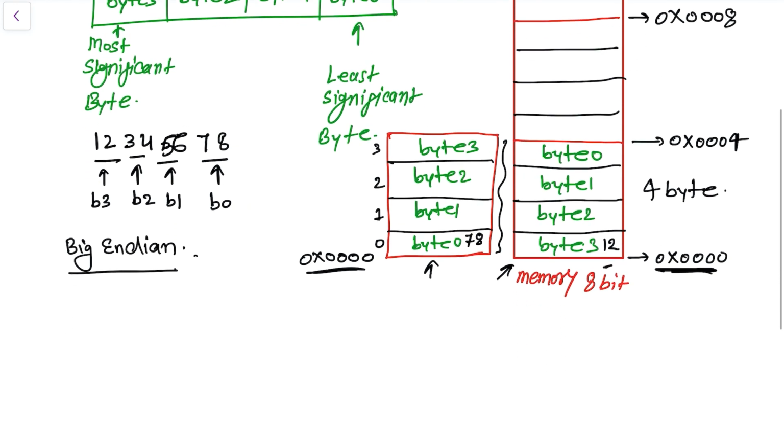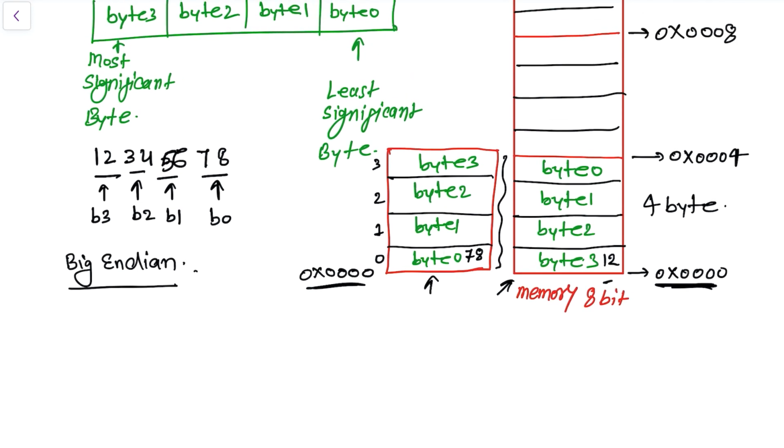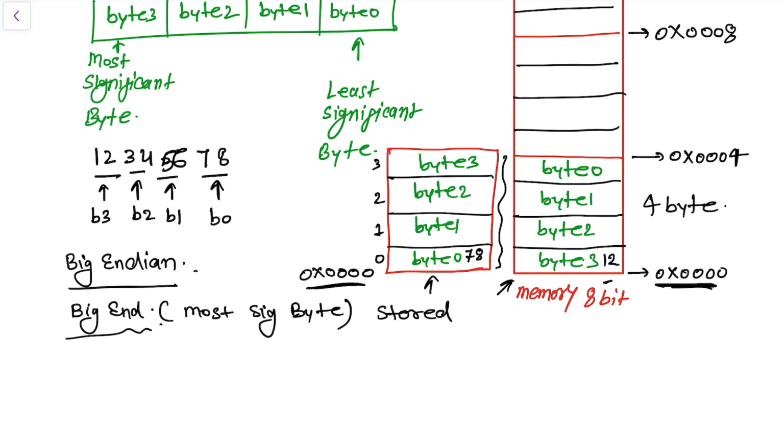In big Endian, it means the big end. Big end means the most significant byte is stored first. So if you see here, the most significant byte is stored first. In this architecture, this is the big Endian.